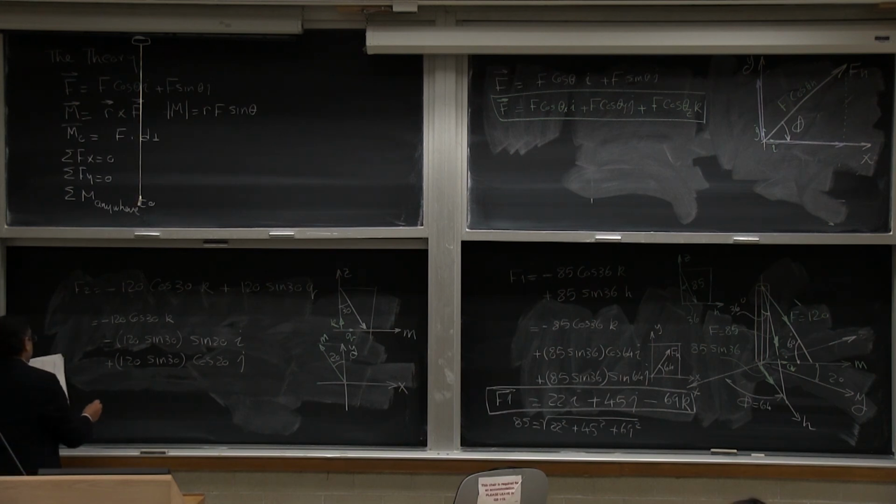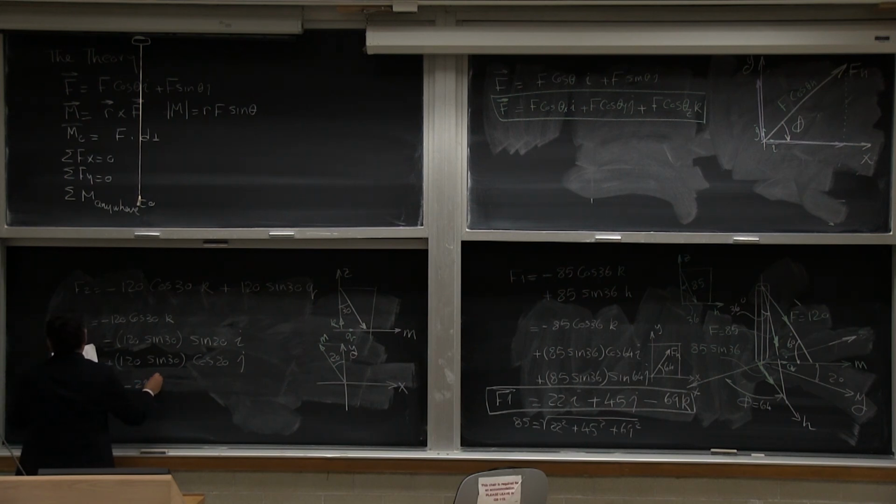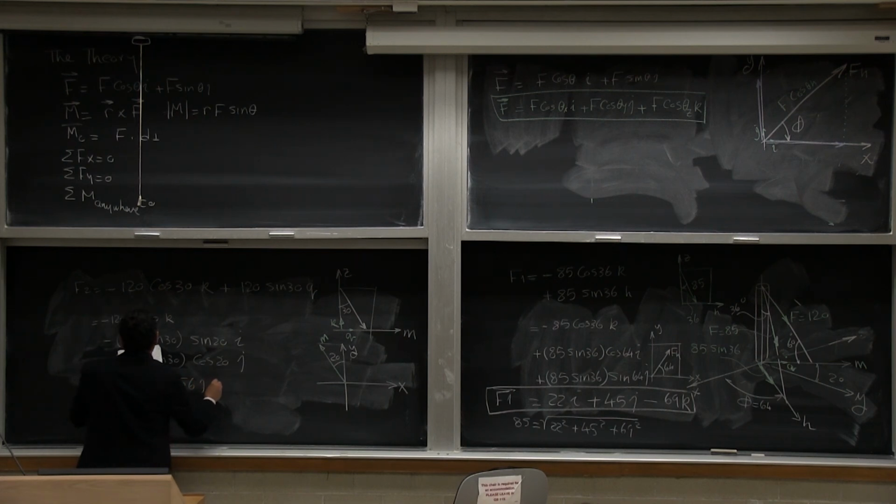I simplify and I will get minus 21i plus 56j minus 104k.